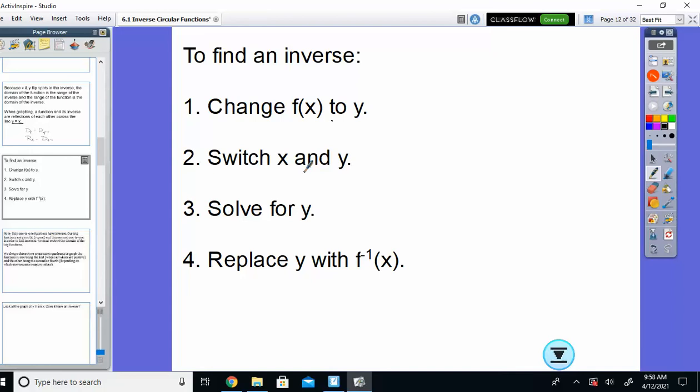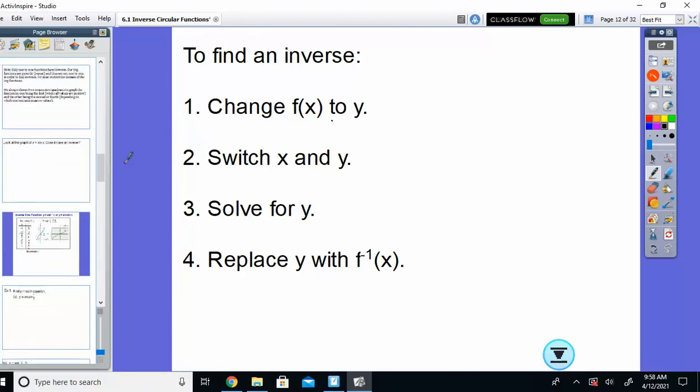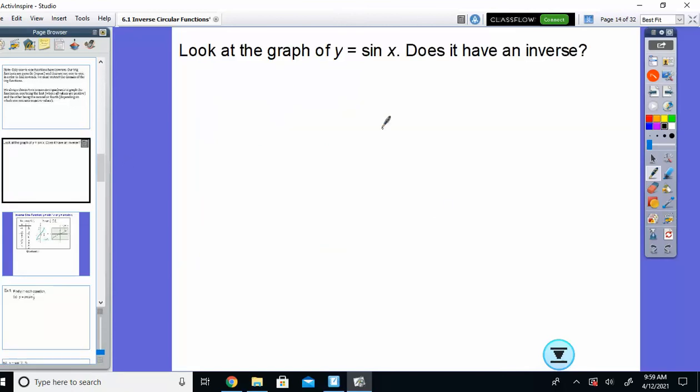Okay, so now we have to relate all of this to our trig functions. Because the issue, like we already said, our functions aren't 1-to-1. So we have to pick a portion of our graph that we could find the inverse of. So sine. We graphed that in chapter 4.